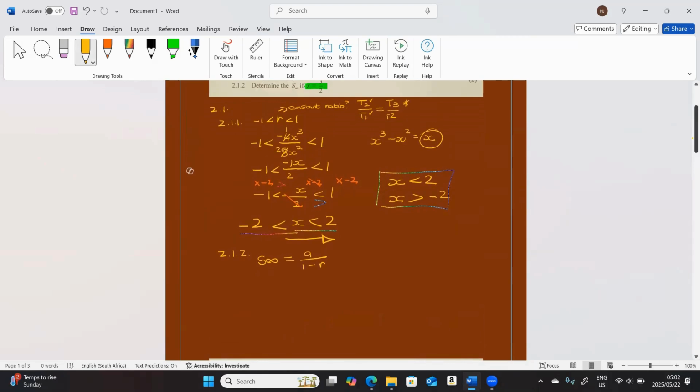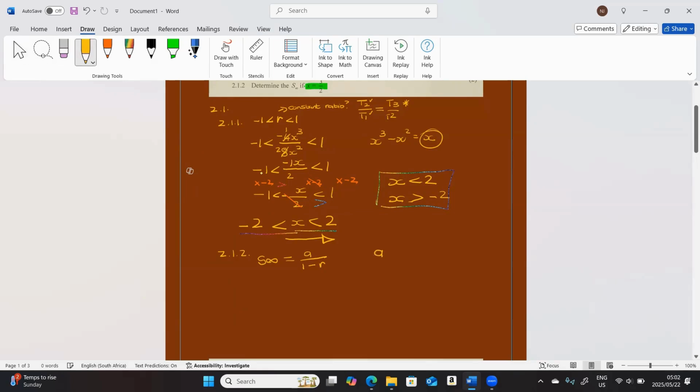But please don't do everything, because we only need the value of a. We know in series and sequences, a represents the first term, so that is what we need to get. Let's quickly solve that.